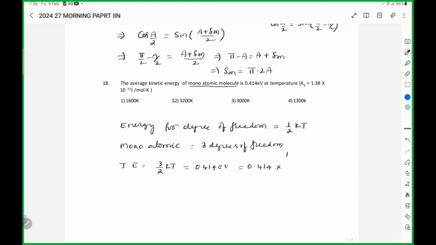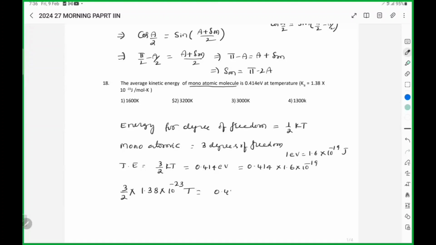1 electron volt is 1.6 into 10 power minus 19 joules. So the Boltzmann constant is 1.38 into 10 power minus 23.